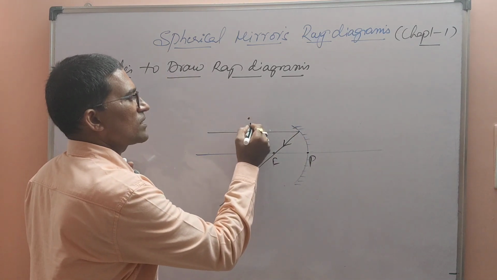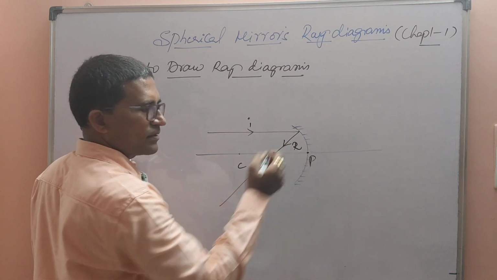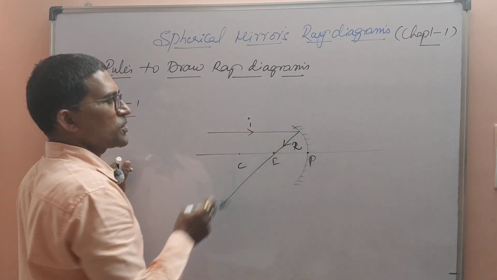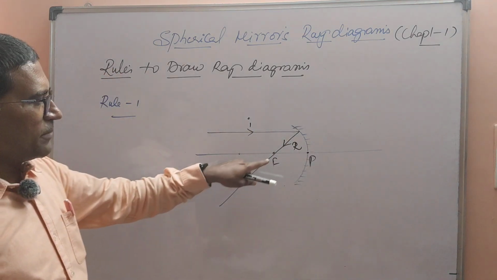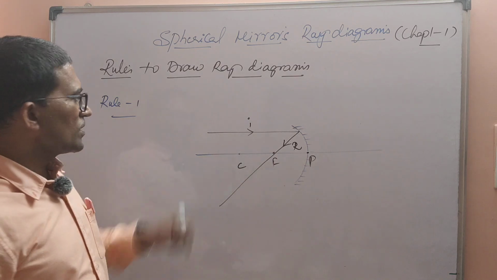If I consider this one as I and this is R, if the incident ray is parallel to the principal axis, after reflection, it passes through the focus. This is the first rule.